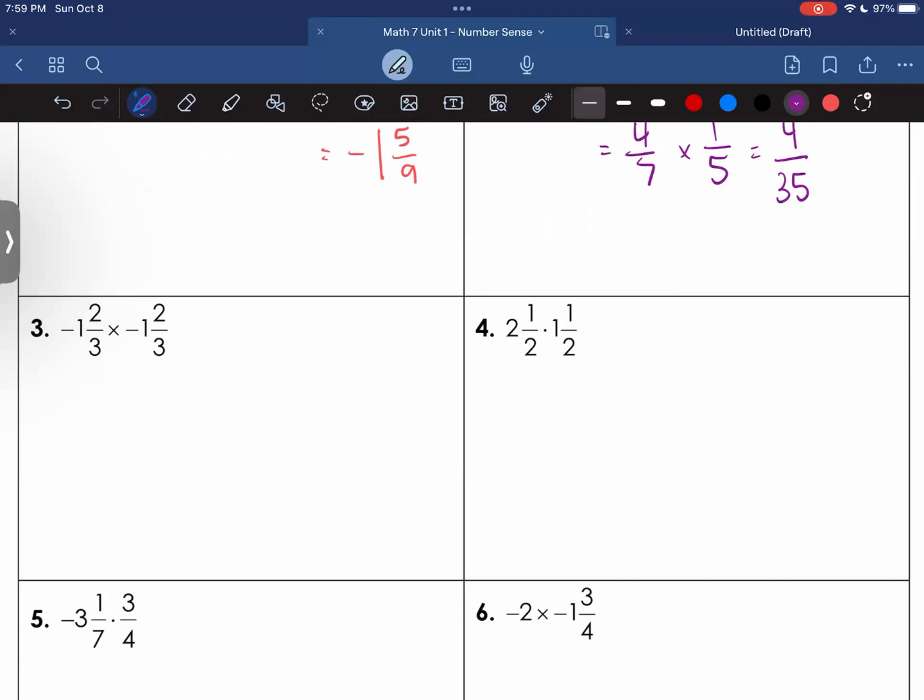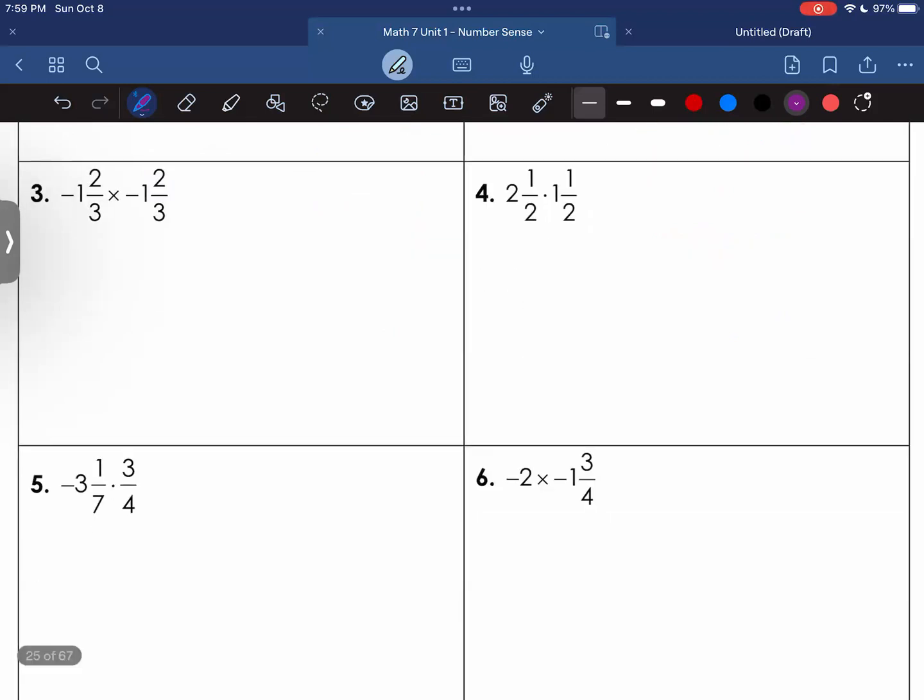All right, go ahead and take a look at number 3. We have 2 negatives multiplying together. Since those are the same sign, our final answer will be positive. So I'm just going to write that down in the corner. Now we can ignore our negative signs for now.